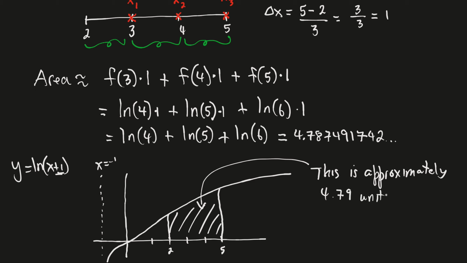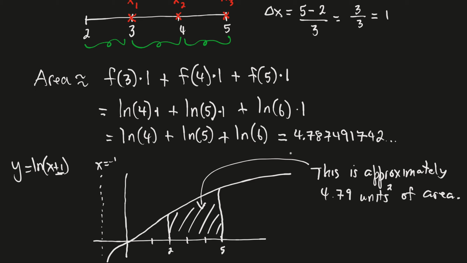I'll just say unit squared of area, right? And that's what this number means. So if you graph your function, indicate your interval, and then draw those vertical line segments up to the curve, that region there has an area that's approximately equal to this number, right?